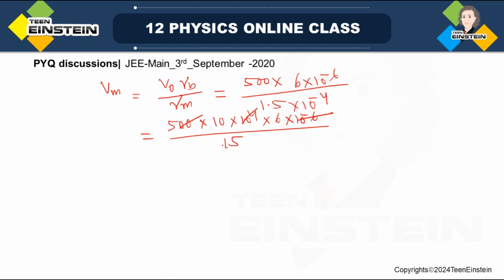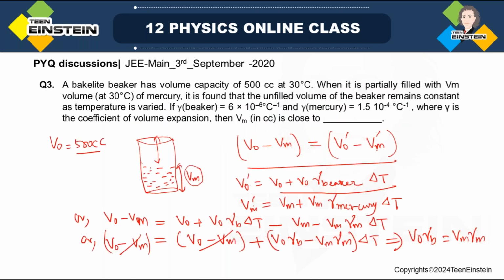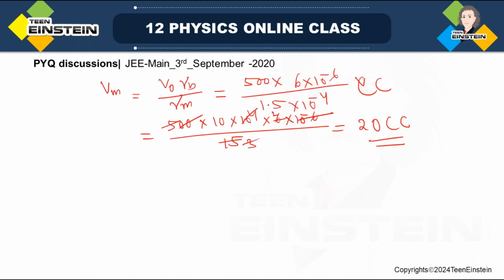So this gives 20, and this will be in cc. So the answer for this is 20 cc. Vm will be equal to 20 cc. All right, go to the next problem.